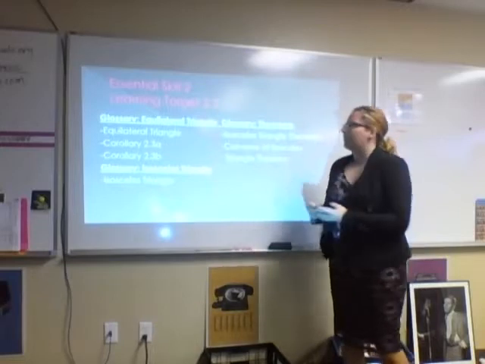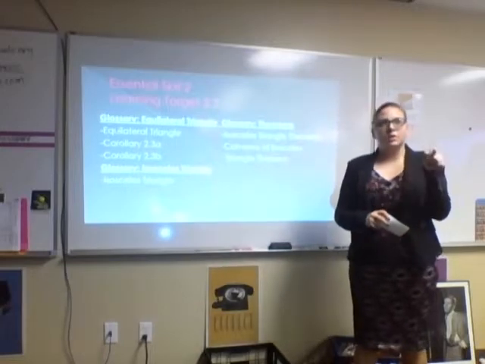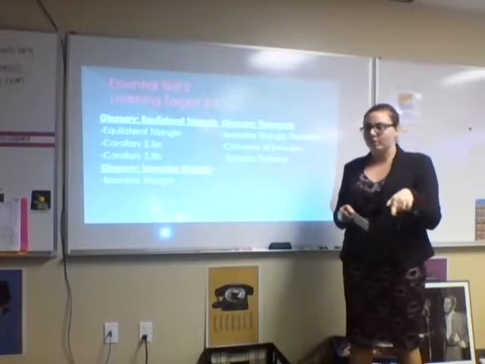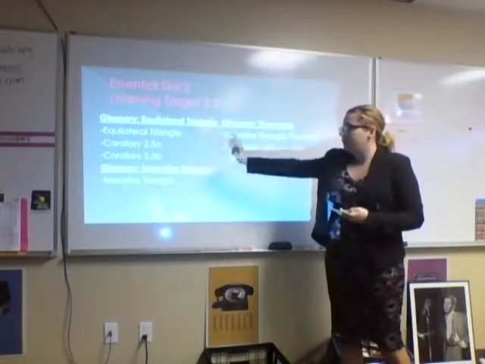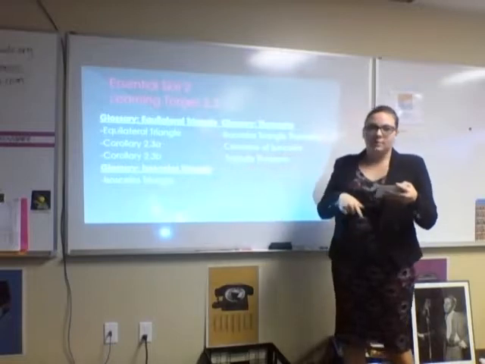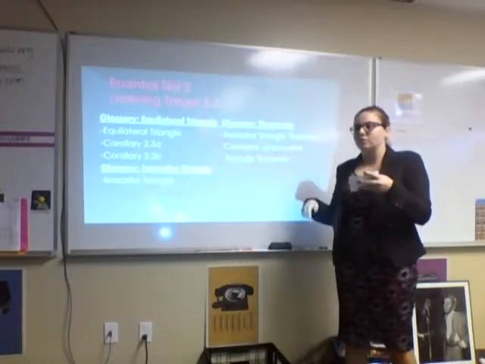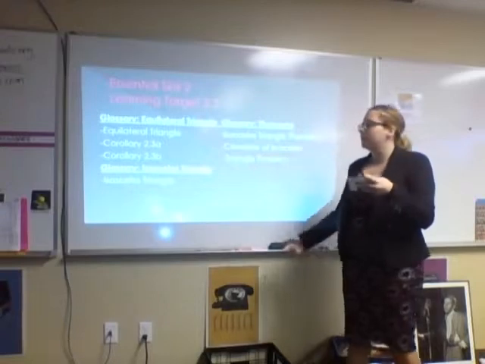If it has 3 equal sides, it means that it has 3 equal angles as well. And then corollary 2.3b is the opposite of that. If it has 3 congruent angles, it means that all 3 sides are also congruent.